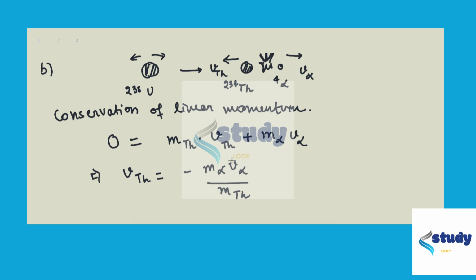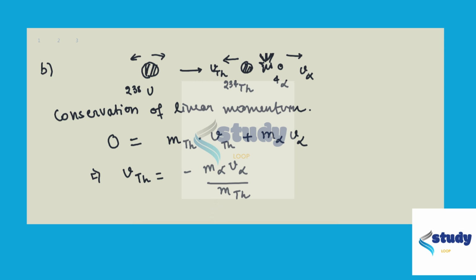Now, what you see is you need the total mass and the total velocity of the alpha nucleus moving off. Otherwise, you can't solve for the V thorium. So how do we find that first? For that, we need to go further into energy conservation.